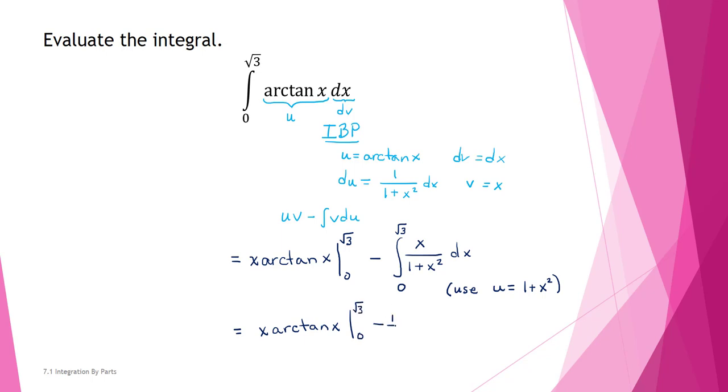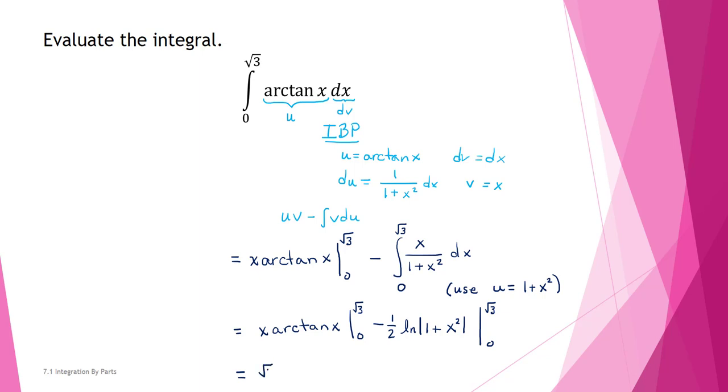We're going to get 1/2 times the natural log of 1 plus x squared. And then we're going to evaluate that at 0 and square root of 3. Then we're just going to plug the numbers in.